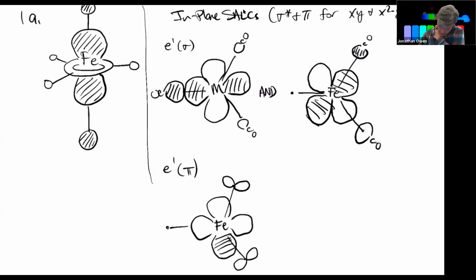Let's keep the same shading as above. So how do you fill in these pi symmetry orbitals on the carbon monoxides? You have to consider where the node is. So the bonding interaction is in this part of the lobe. So, did I get that right? Yeah.